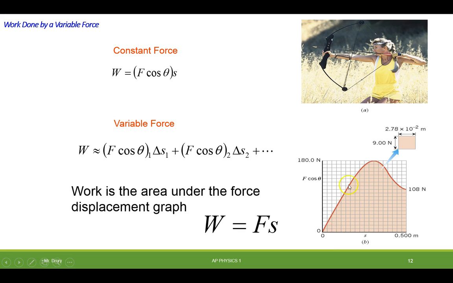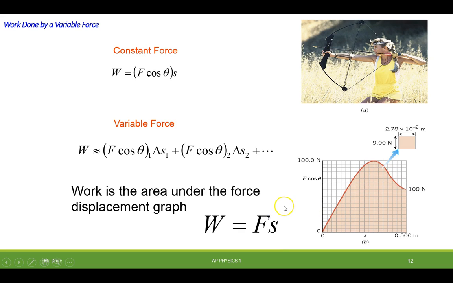A really helpful tool for something like this is calculus, because with a variable force, you'd be able to integrate this curve and find out the area underneath it. Basically, what integrating is really doing is finding the area underneath a variable curve or variable function.